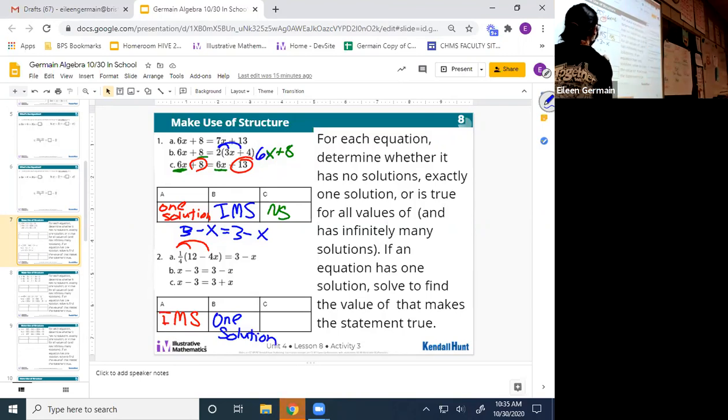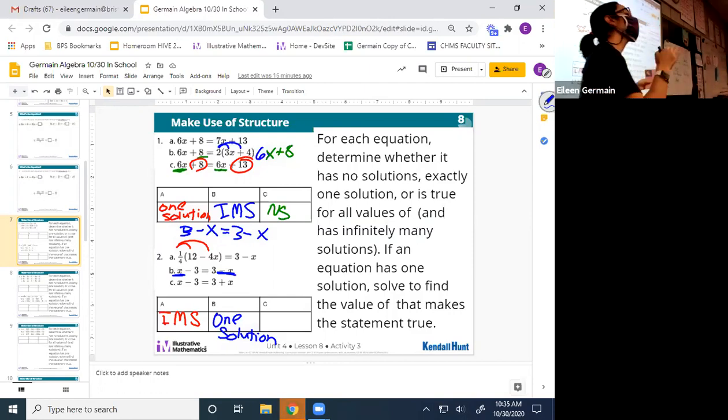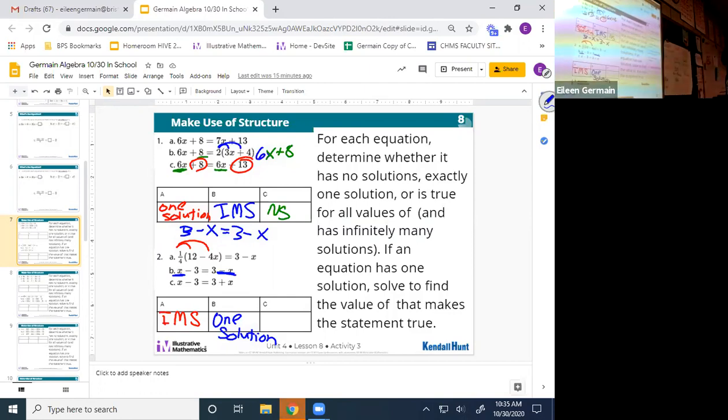Because we have a negative x on the right side and a positive x on the left side. Those are two different variable numbers. They're the same physical number, but we also need to think about the sign. So it's going to be one solution.